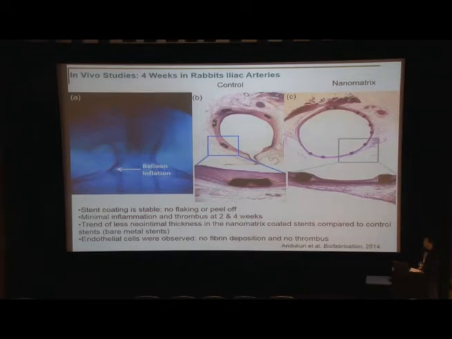Right now, we are working on a large-scale rabbit and also pig study. We implanted into the rabbit iliac artery, and the control group showed restenosis. However, the nanomatrix-coated group showed very excellent patency and was covered by endothelial cells. We don't see any fibrin or thrombus deposition.